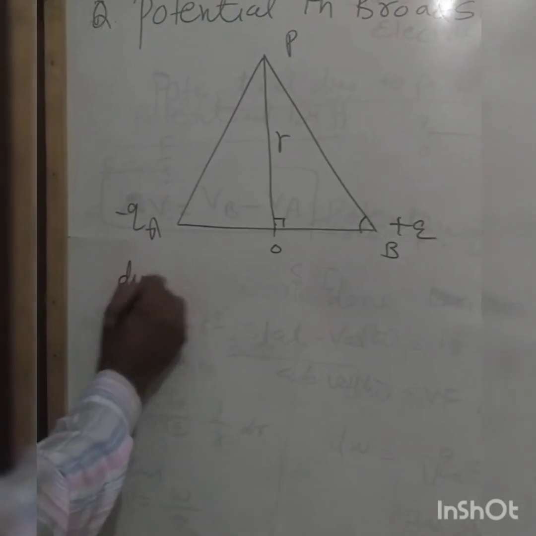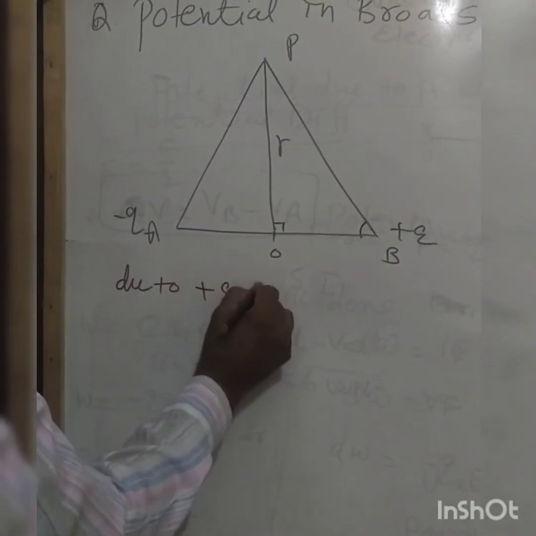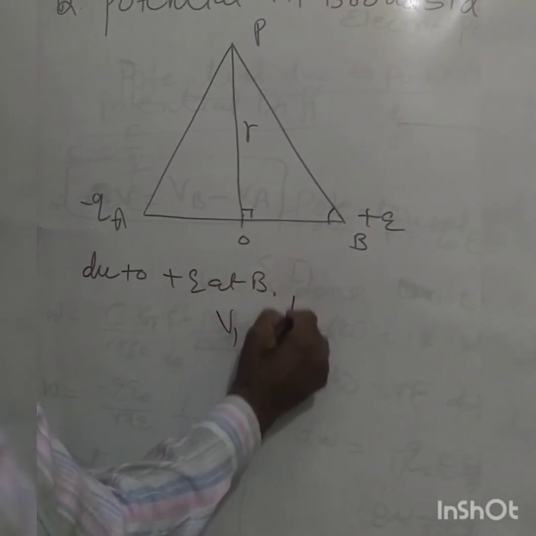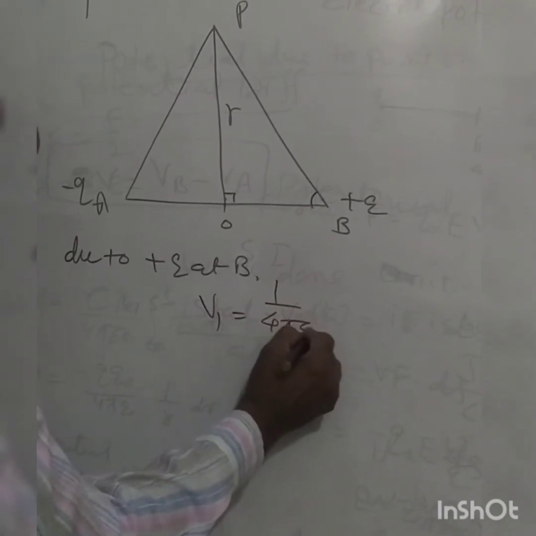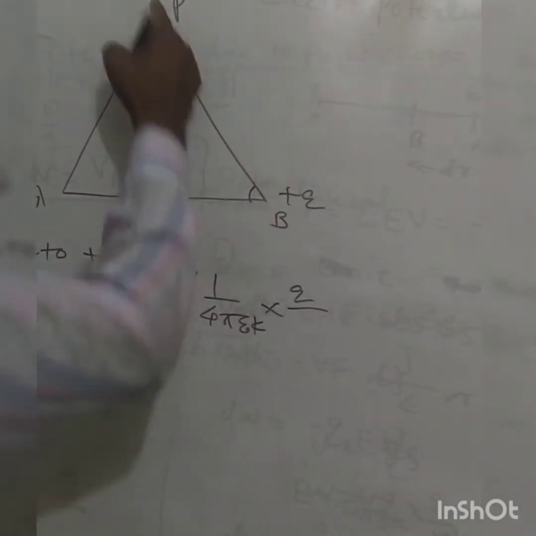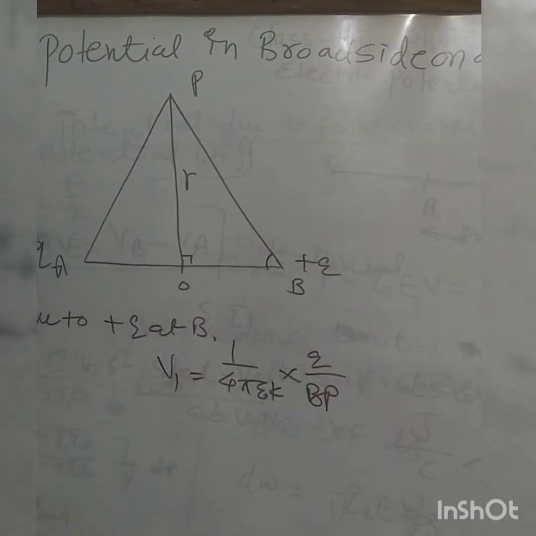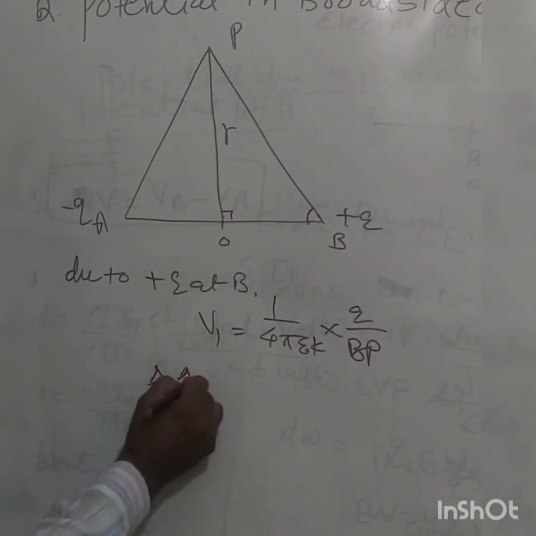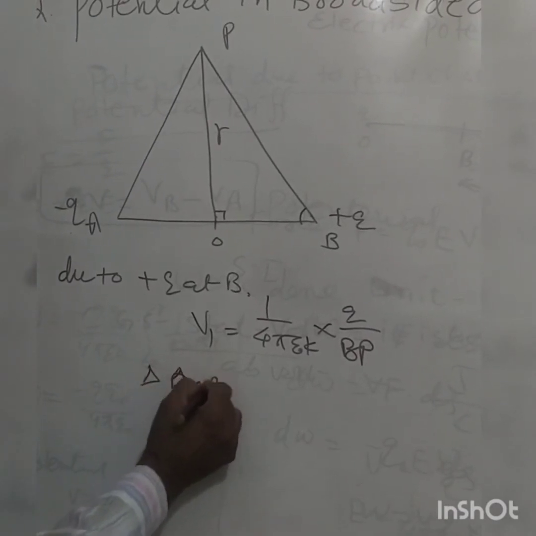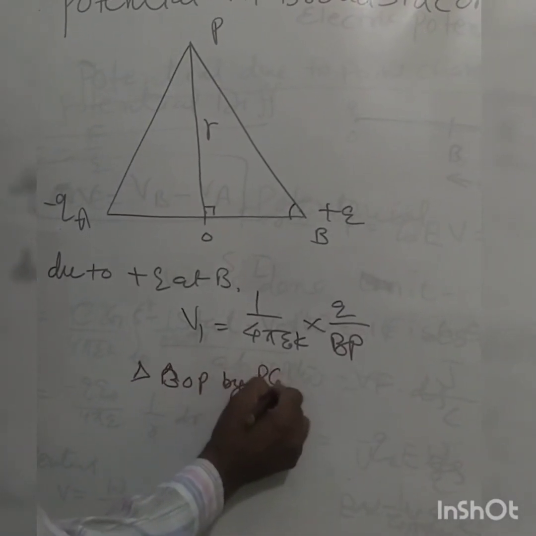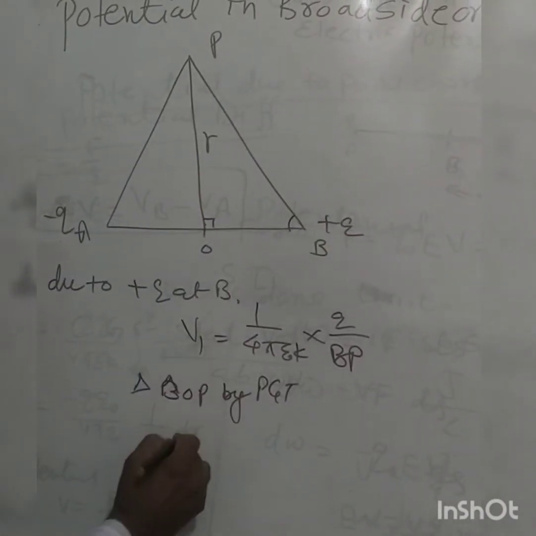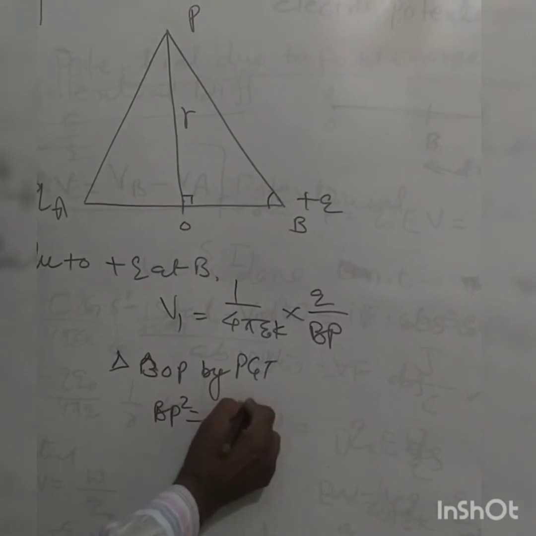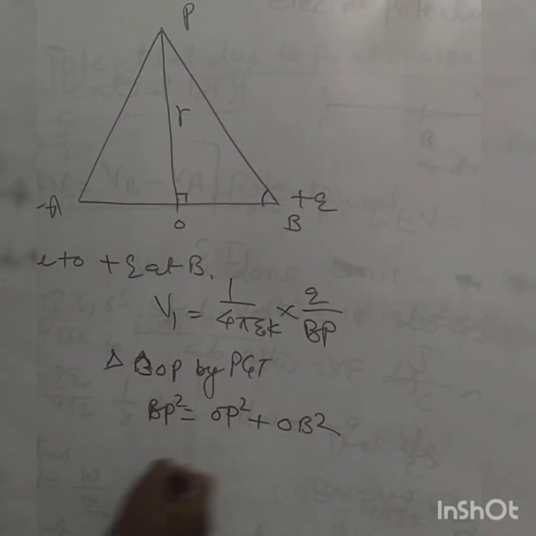Due to plus q at B, the potential V1 is equal to 1 upon 4 pi epsilon naught, K into charge upon distance, which is BP. Now in triangle BOP, by Pythagoras theorem, BP square is equal to perpendicular OP square plus base OB square.